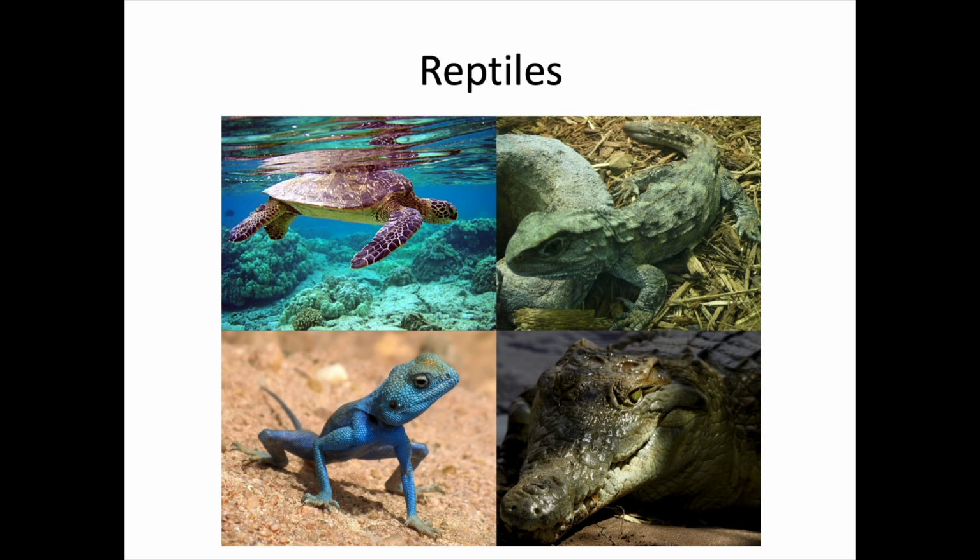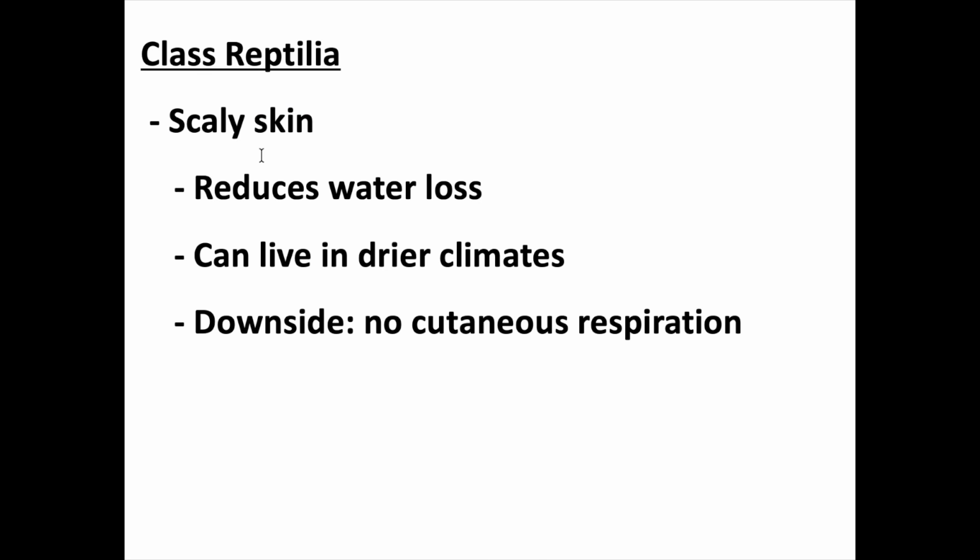What are their features? So, reptiles, instead of having extremely thin skin like amphibians, have scaly skin. So this is very helpful because it reduces the water loss that they get through their skin, which means they can now live in much drier climates. The downside is no more cutaneous respiration.